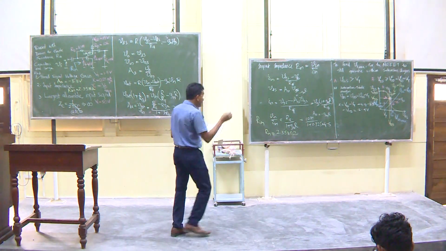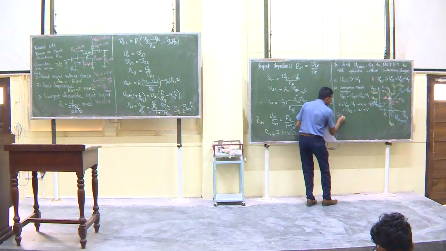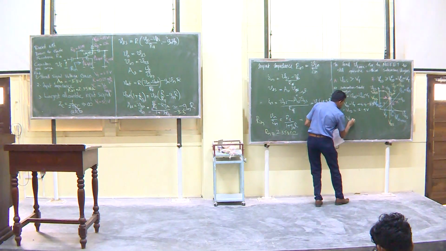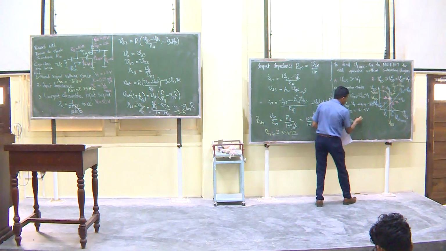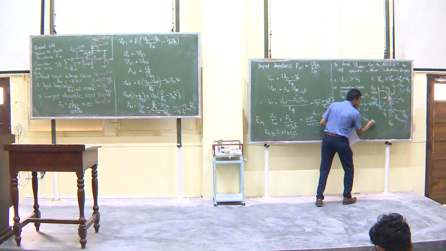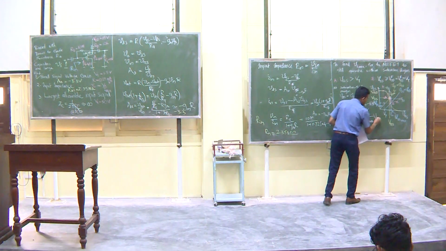So, therefore, at this particular point B, I can say VDS min, that is this value, should be equal to VGS max, that is this value, minus VT.